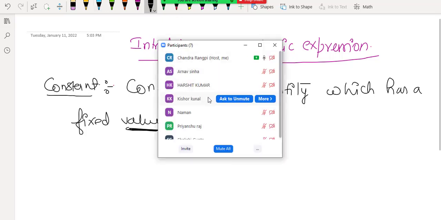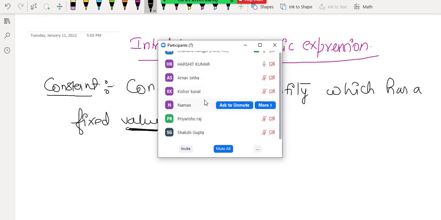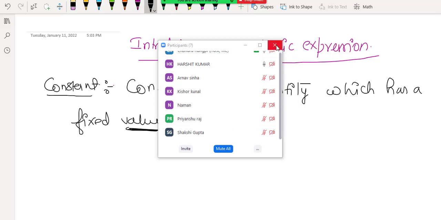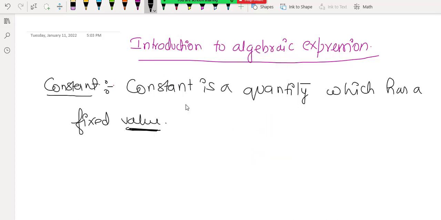Harshit, Arnav, Kishore, Naman, Priyanshu. The amount of anything is called value. I'm asking in mathematics, in this sentence, what is the meaning of value? It is saying that constant is a quantity which has a fixed value.